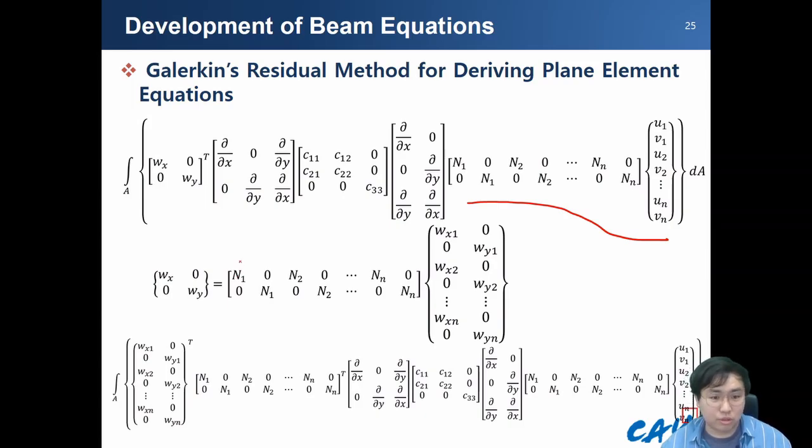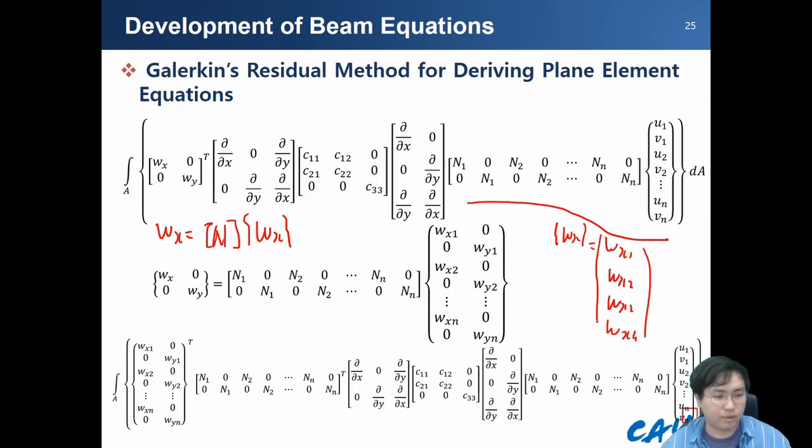Sometimes it is hard to understand directly at first, but just think about this: wx just follows the same form as the displacement. Here, what is wx? Wx is wx1 and wx2, and so on. So it is the same formula as the displacement value.